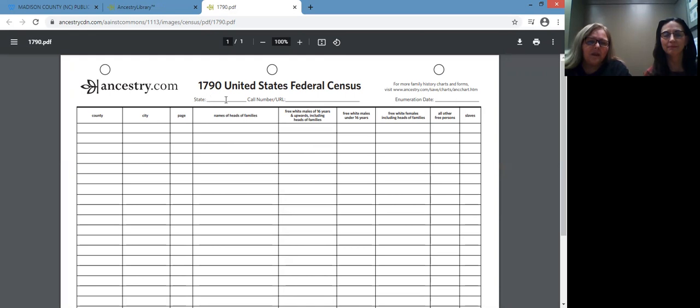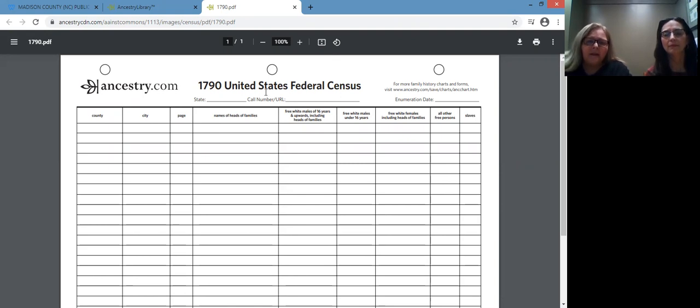And so here it would say the state and the date. Then it would have the county, which we live in Madison County, and then the city and the page number, and then names of just the head of the family, like the grandfather or the father.